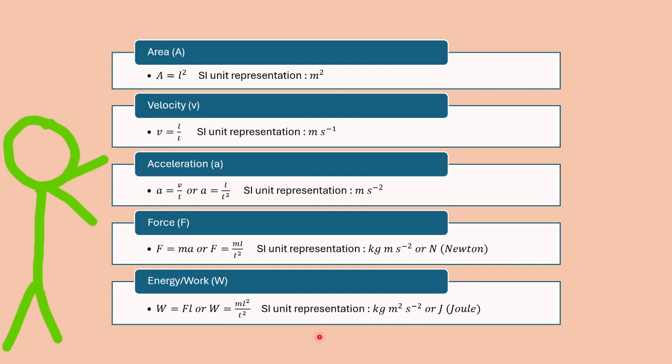The SI unit representation of it is kilogram meter squared per second squared, kg m squared s to the power of -2, or same as the force, it has a special SI unit known as joule, represented by the letter J.